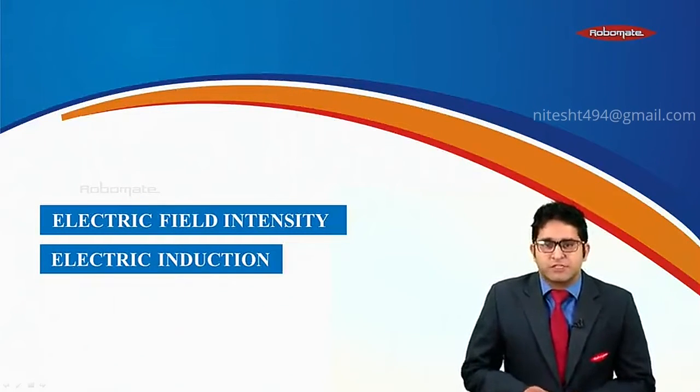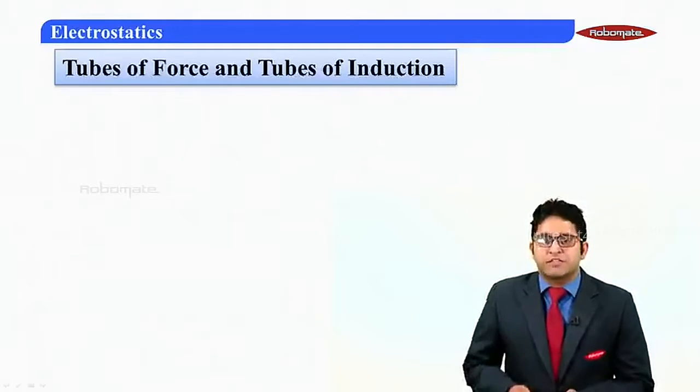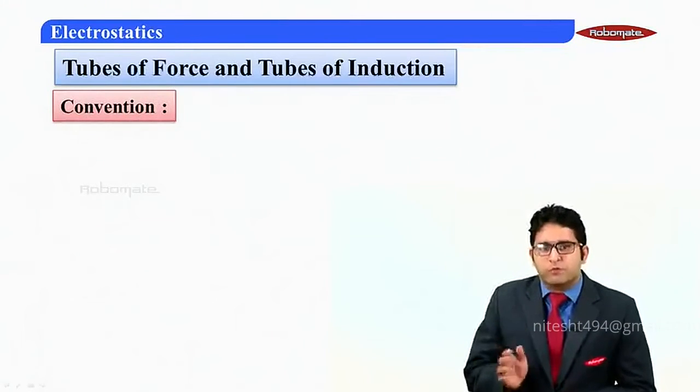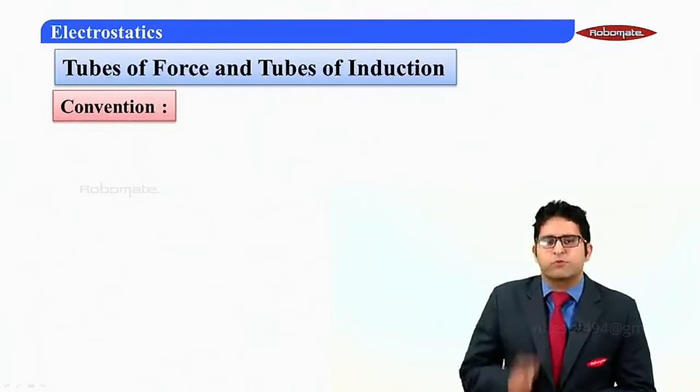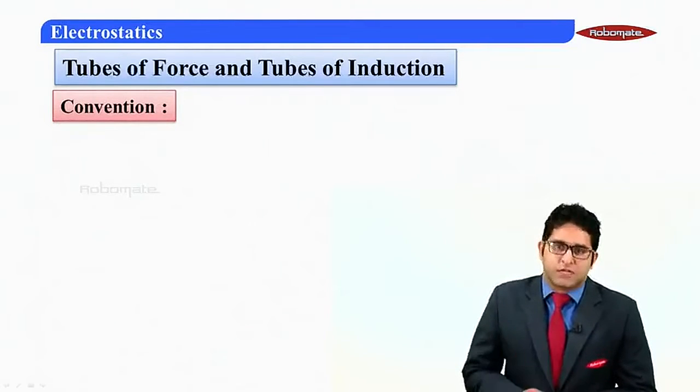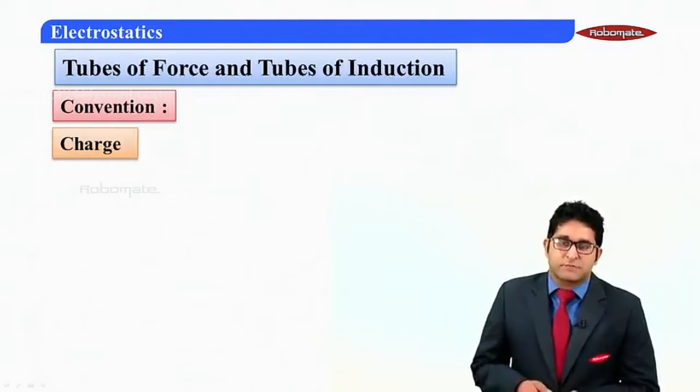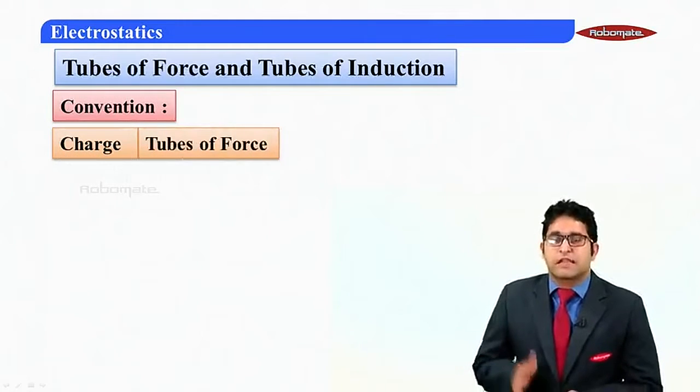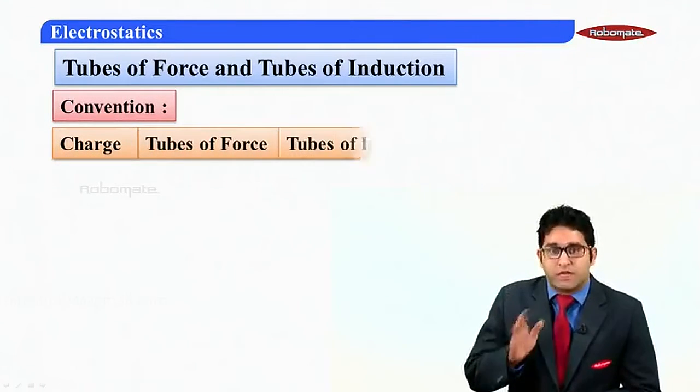Before starting with the relation, let us first understand the convention which gives us the number of tubes of force or number of tubes of induction from the given value of charge. So first of all I'll consider the charge, then the tubes of force, then the number of tubes of induction.